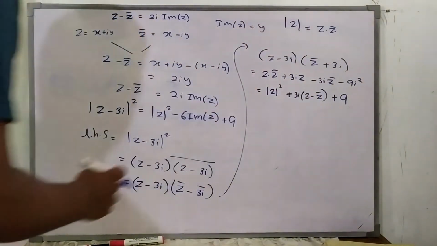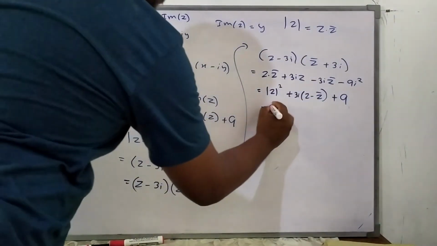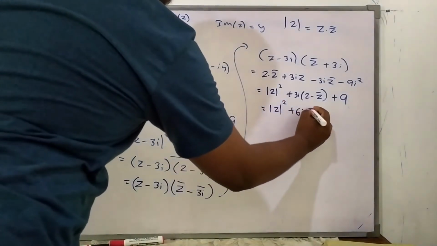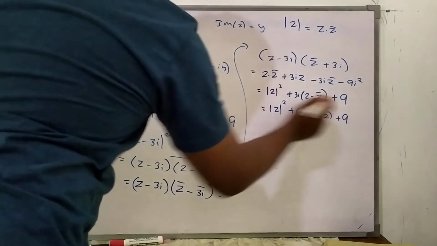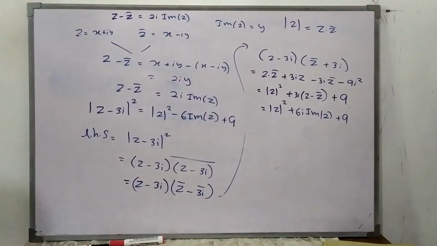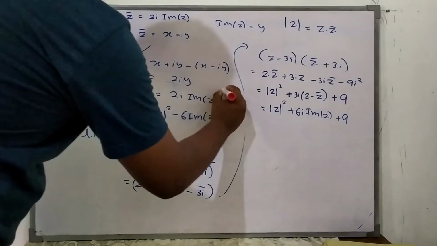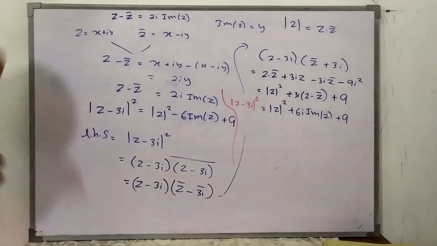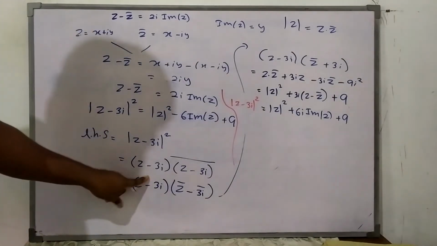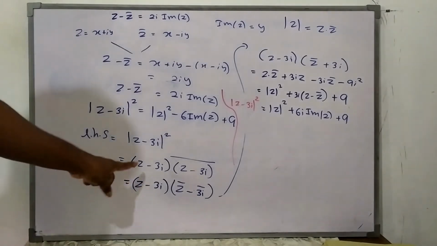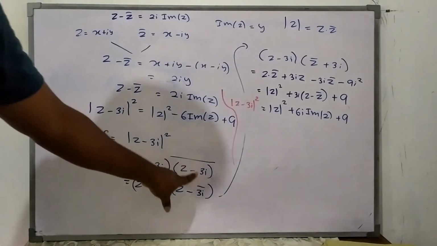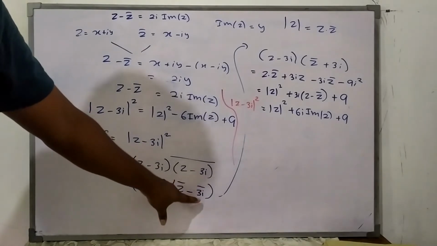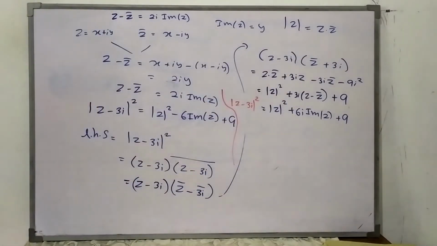We have already proved this. It is 2i imaginary z. So modulus z squared minus 6 imaginary z plus 9. So this is my answer of the question, right? So it is modulus of z minus 3i whole thing squared. So what I did, I started from the left hand side and I stated the definition, and I simplified it. So here if you put the conjugate of 3i, then it will be plus 3i. That's what happened.